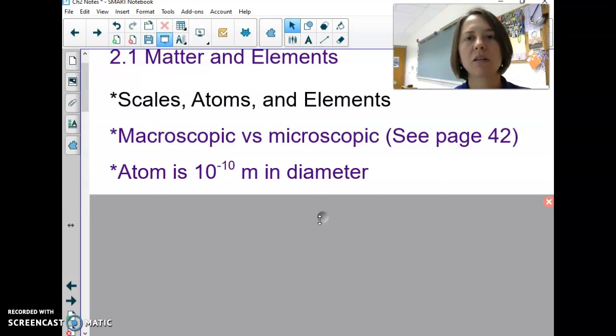So remember, a millimeter is a thousandth of a meter. So if you were to take a millimeter, which is about the thickness of your fingernail, so a couple sheets of paper, and cut that up into about 10 million pieces, then you would get the diameter of an atom. So extremely small.